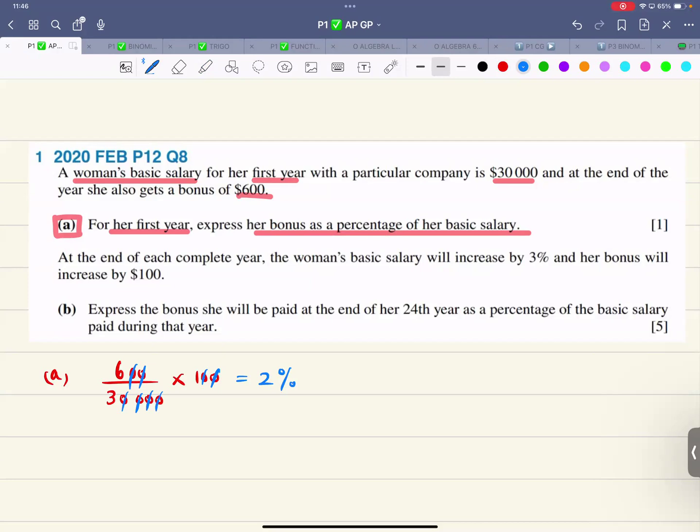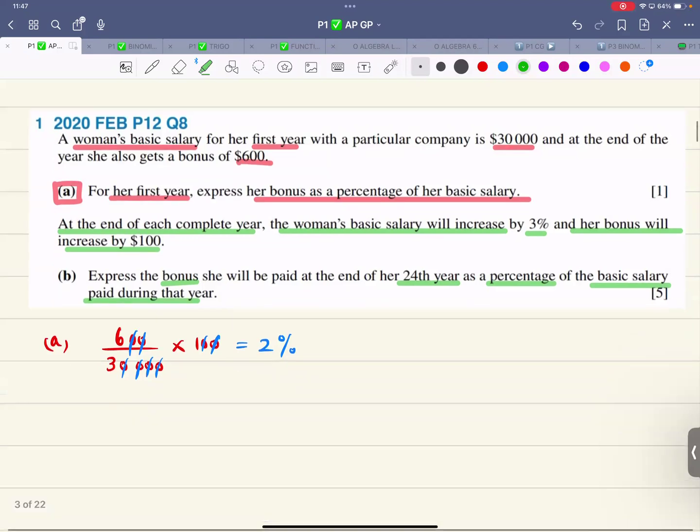Now let's move to the second part. It says, at the end of each complete year, the woman's basic salary will increase by 3% and her bonus will increase by $100. Express the bonus she will be paid at the end of her 24th year as a percentage of the basic salary paid during that year.